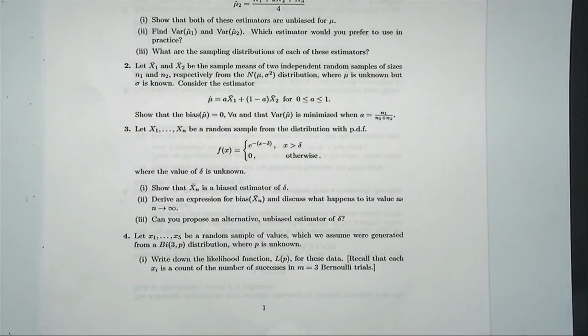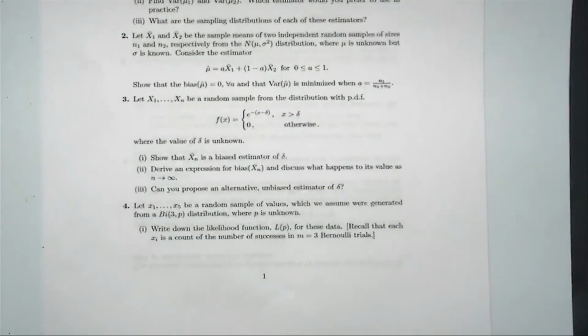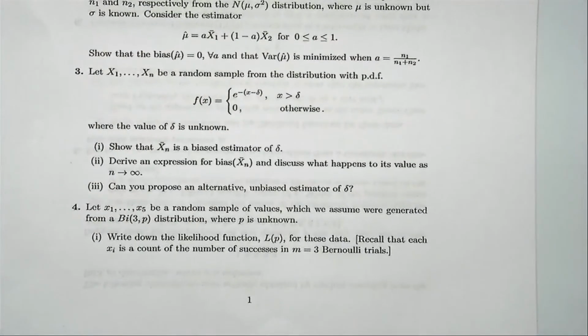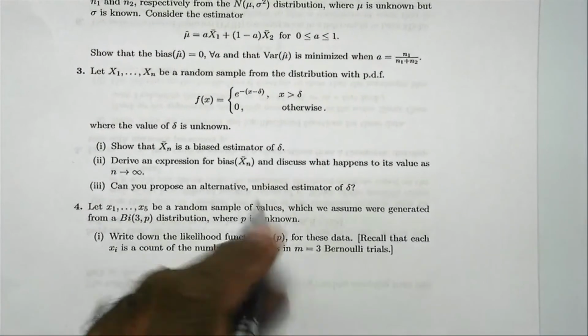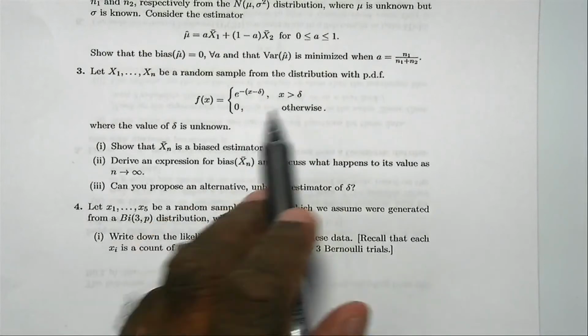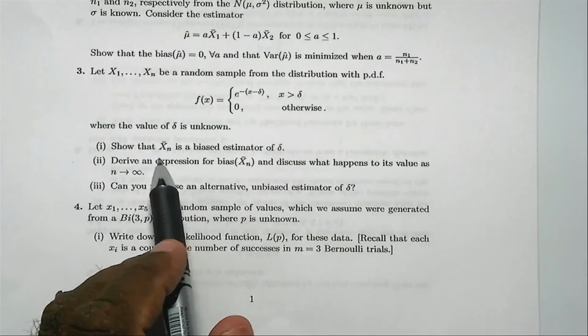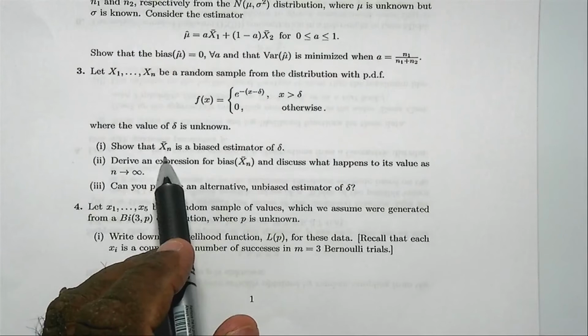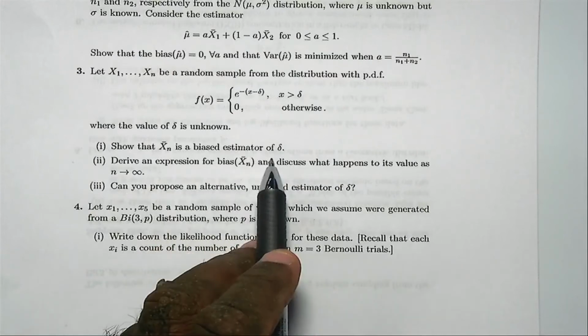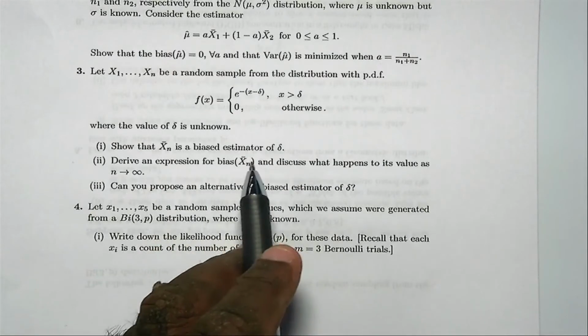Next question is this one. Here we have a random sample from a distribution with this PDF. Show that x bar is a biased estimator of delta.